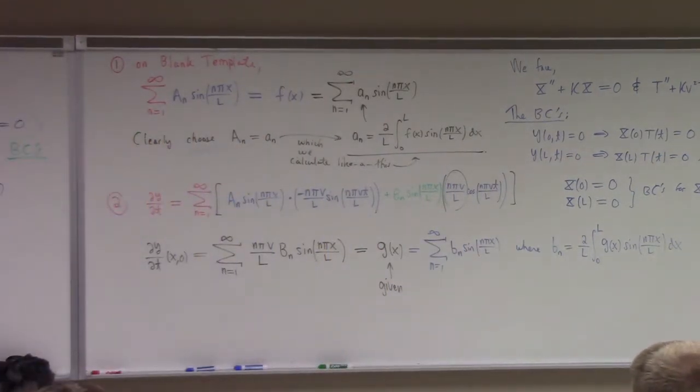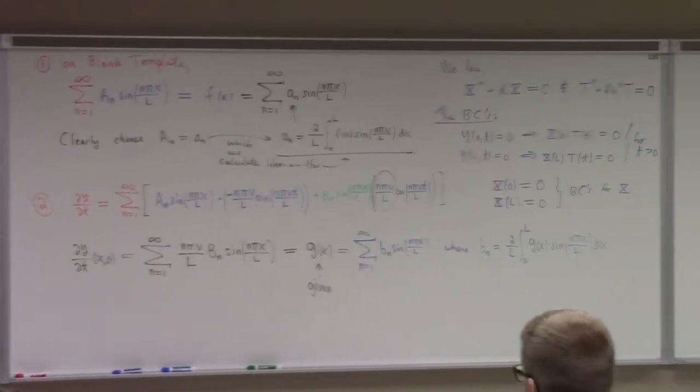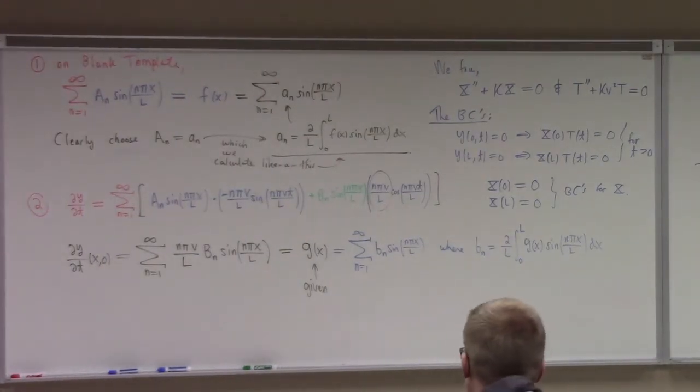Why is there a g there? Because I'm finding the trigonometric series which represents g of x. This will have different coefficients than the f of x usually, because g of x will not be the same thing. Yes?